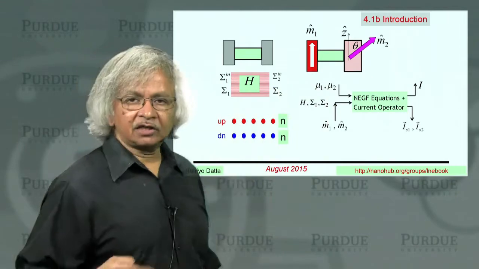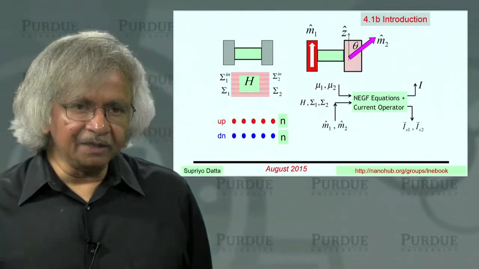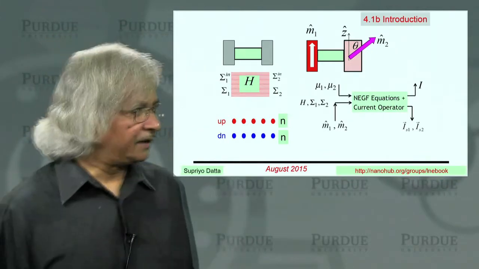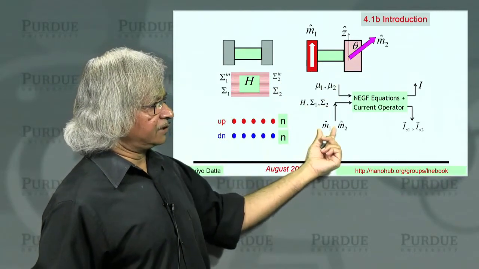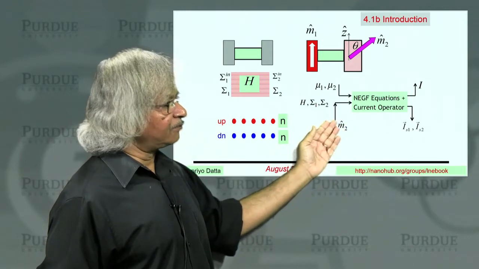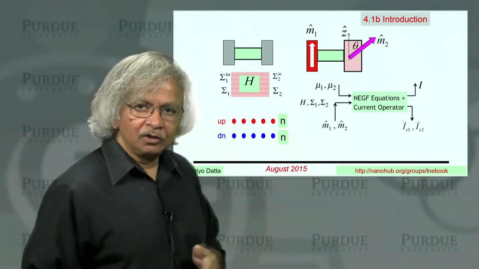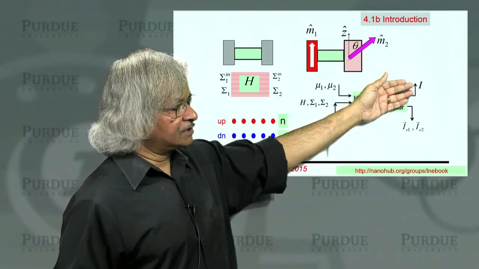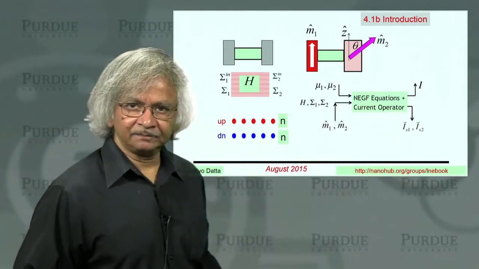That is, because a lot of the activity these days in spintronics involves manipulating spins through the use of magnetic contacts. And we'll talk about how, when you have magnetic contacts with the magnetization, this M1 and M2, how that information can be used to write down the sigma 1 and sigma 2 for the NEGF method. And also when calculating currents, instead of just the charge current, how you can calculate spin currents as well.